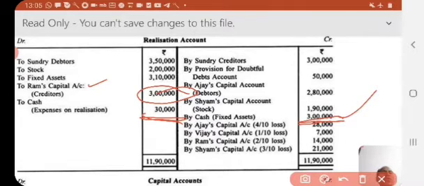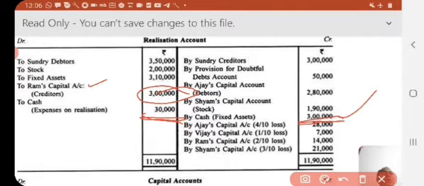So, due to the realization, some loss is occurred. That loss should be divided among the partners. All partners, including solvent partner. It is most important. Including insolvent partner, we have to distribute the loss to the partners as per their profit sharing ratio.